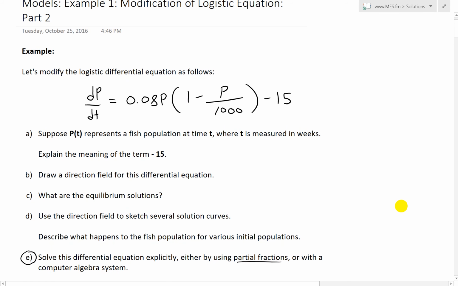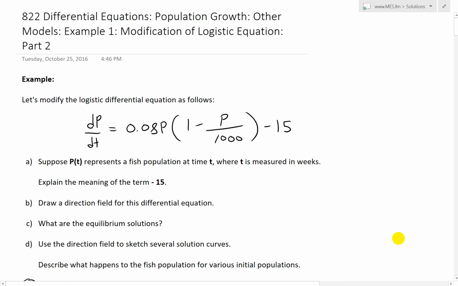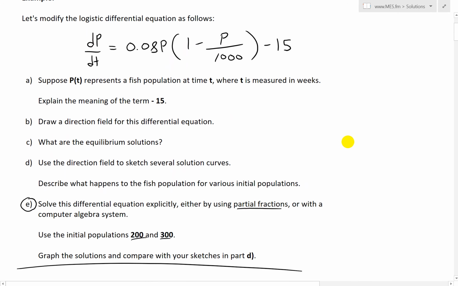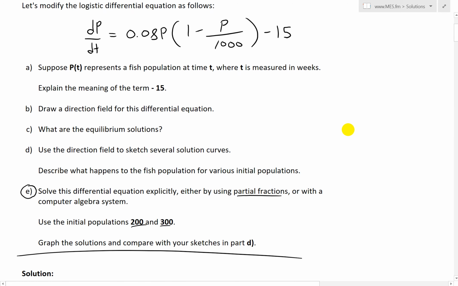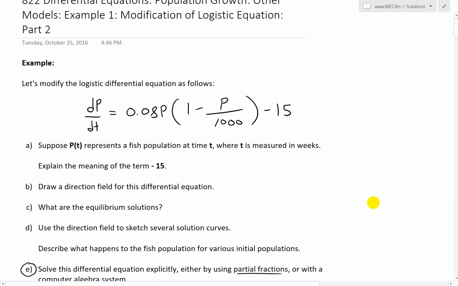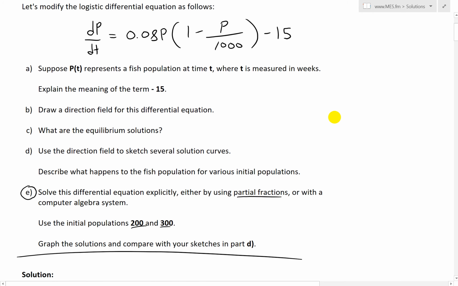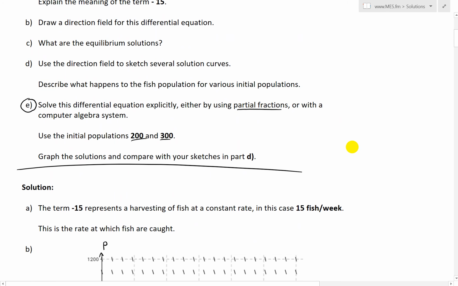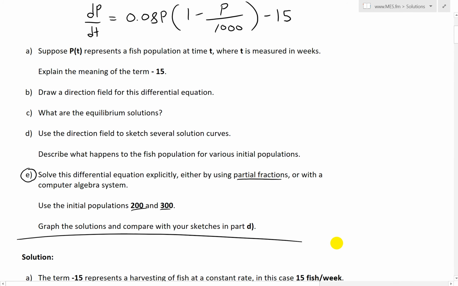If you followed along this very extensive example on finding the explicit solution of this modification of the differential logistic equation, notice how just by putting this negative 15 makes it much more tedious and complicated to solve explicitly than if you had this removed.